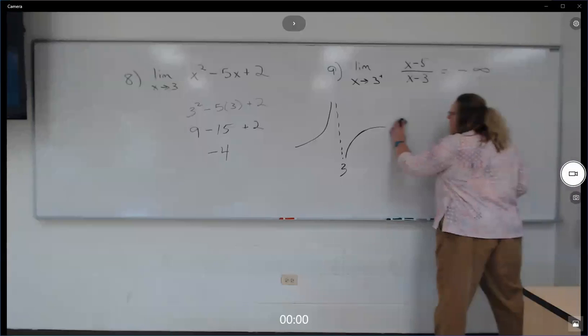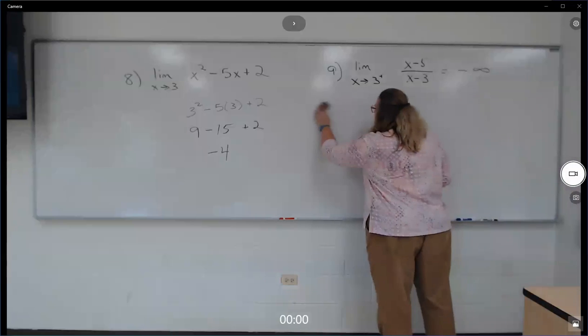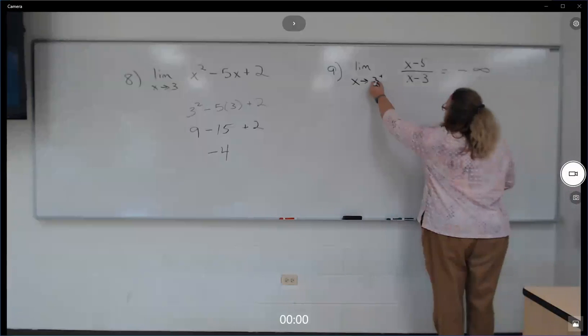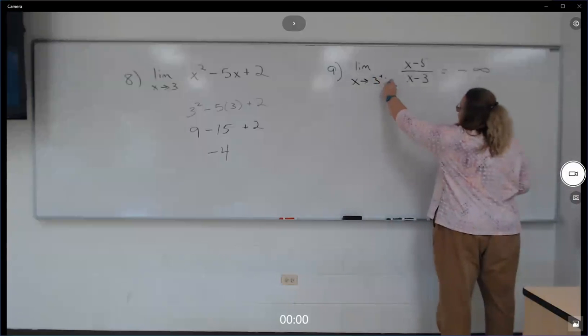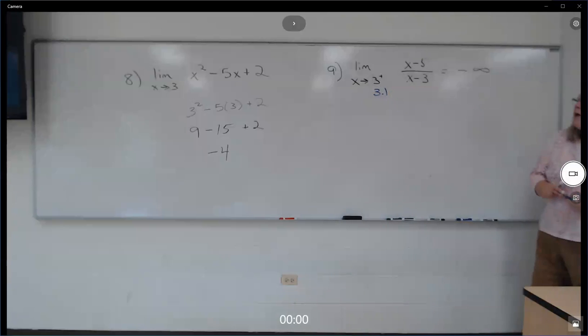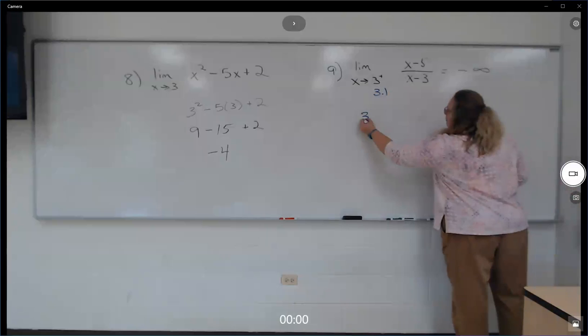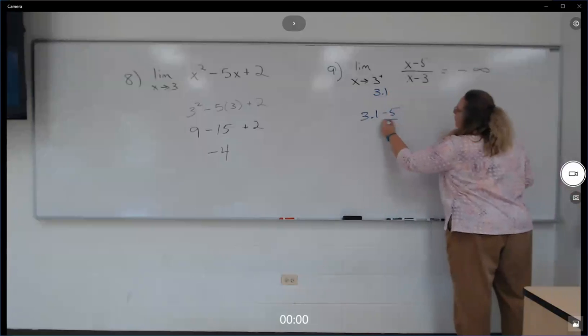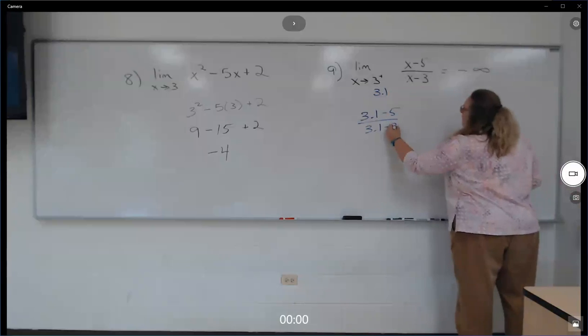The way we did it algebraically is we just chose a number on the right side of 3, so 3.1, and then we simply plugged it in. 3.1 minus 5 over 3.1 minus 3.